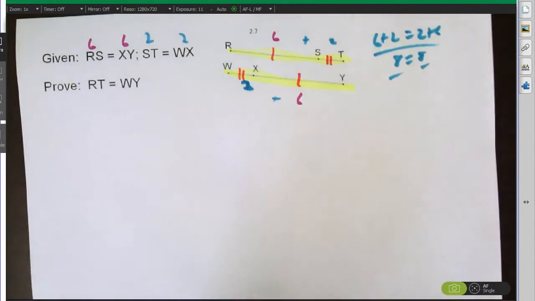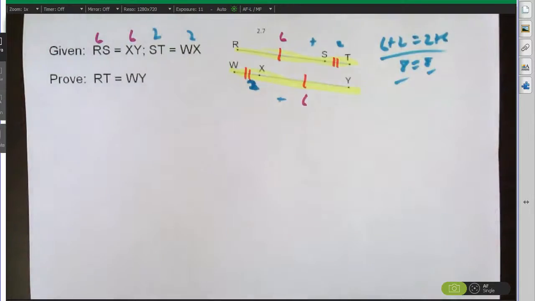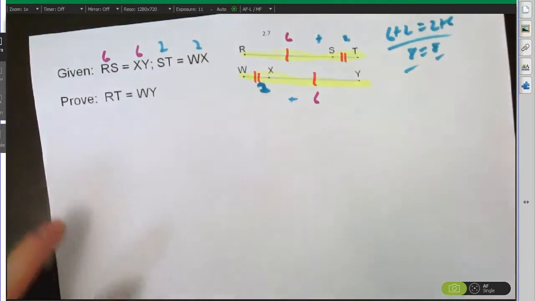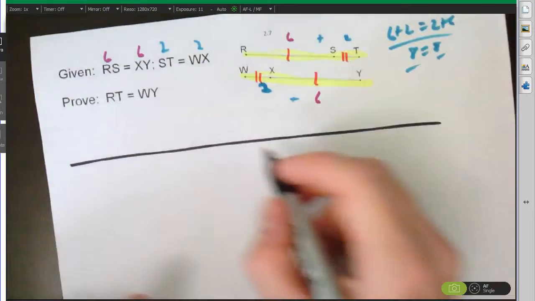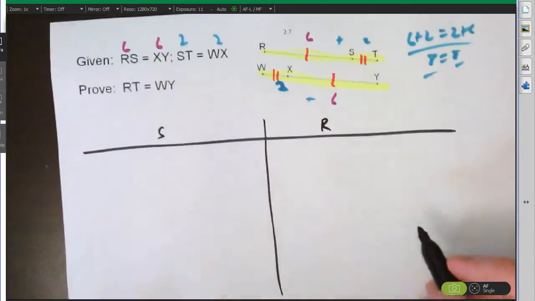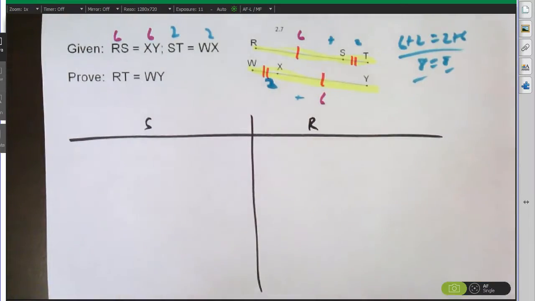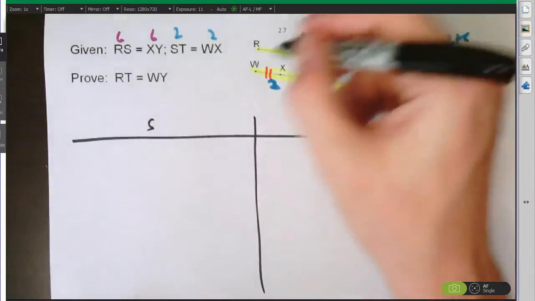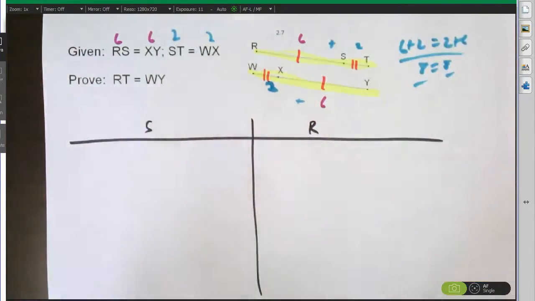Okay. Now it's harder than it seems because again, how do we bring these things in? How do we say this? It's very, very mathy. But what we'll do first is we will say, again, statements and reasons. And to be honest, I think this is one of the hardest proofs we have to do all year. And it's not that it's hard to make sense of, it's hard to say.